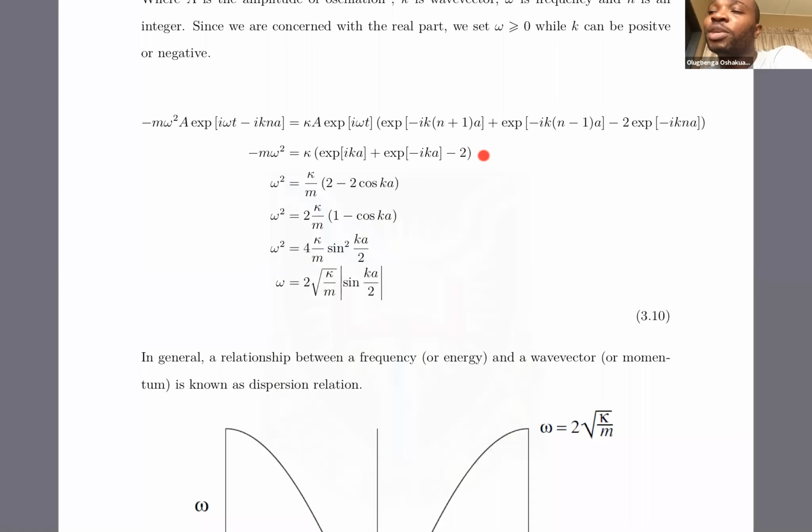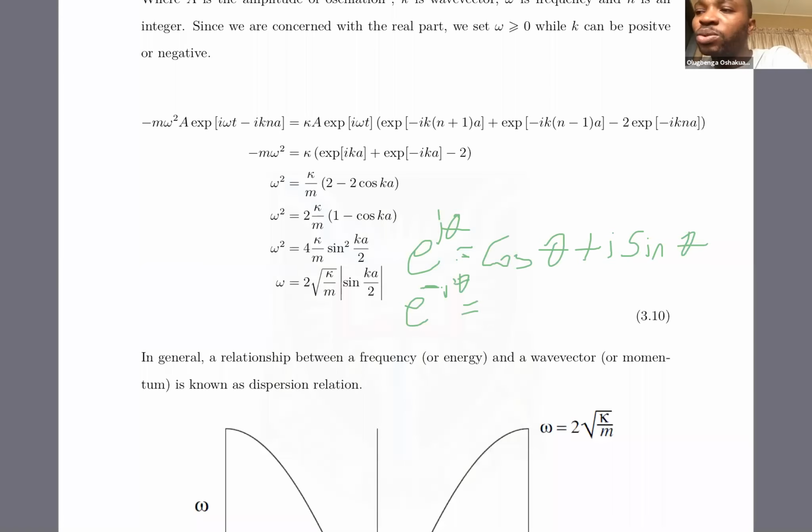exponentials and trigonometries. When you are talking about exponentials and trigonometries, I think there is a relationship that tells us that e to the i theta should be equal to cos theta plus i sine theta, and e to the minus i theta should be equal to cos theta minus i sine theta.